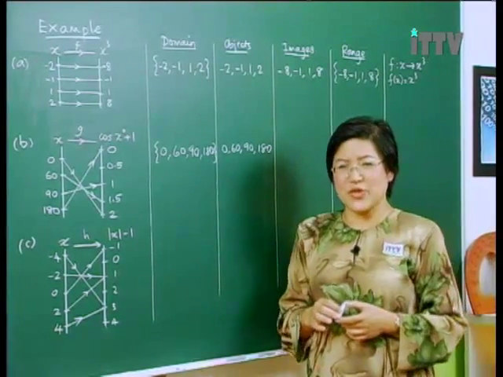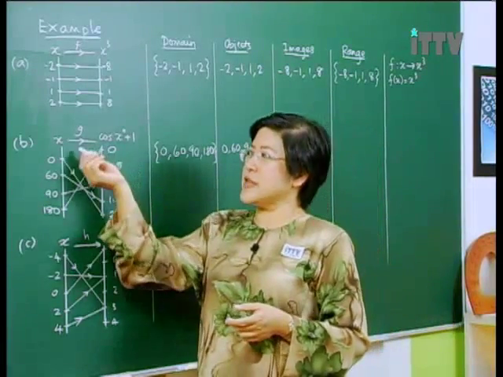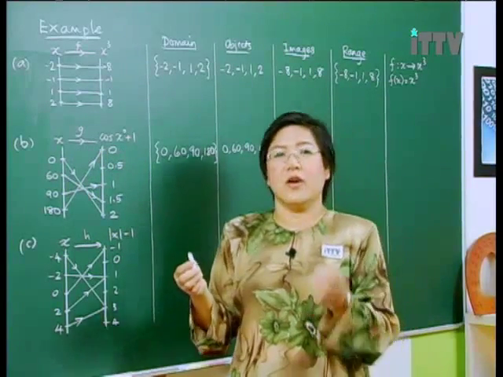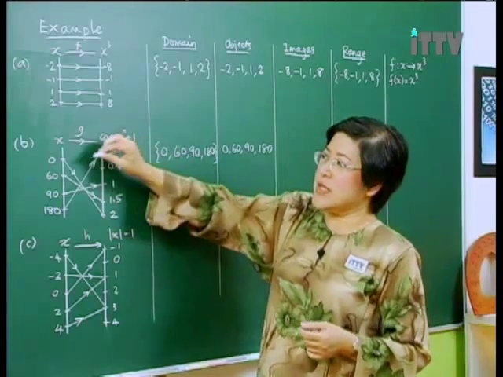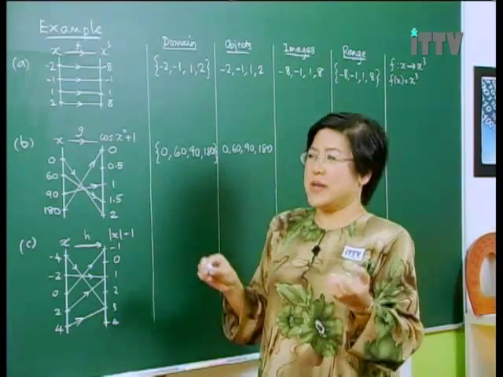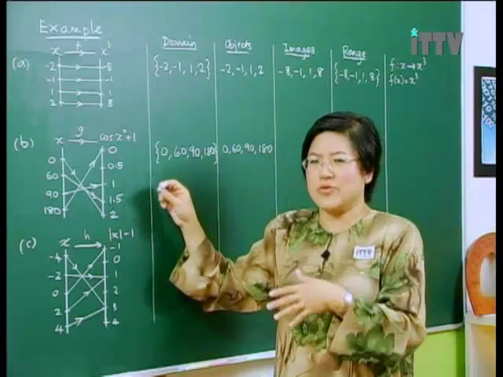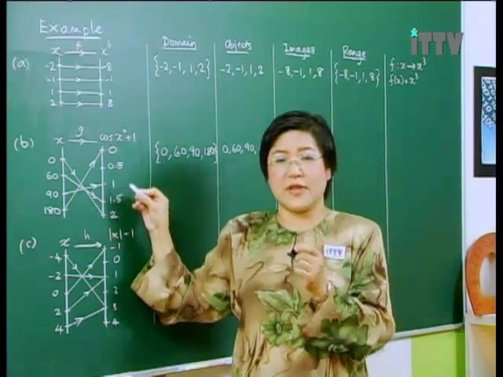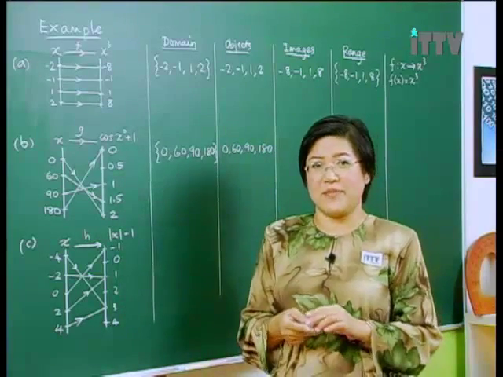There's something rather interesting in part B, viewers. You do notice that the function that is involved is to find the cosine of the x value and add a 1 to it. So in the domain, the x values are just numbers, but in the range or the image or the codomain, whichever one you want to call it, we have changed the x values into degrees in order to perform cosine on them.